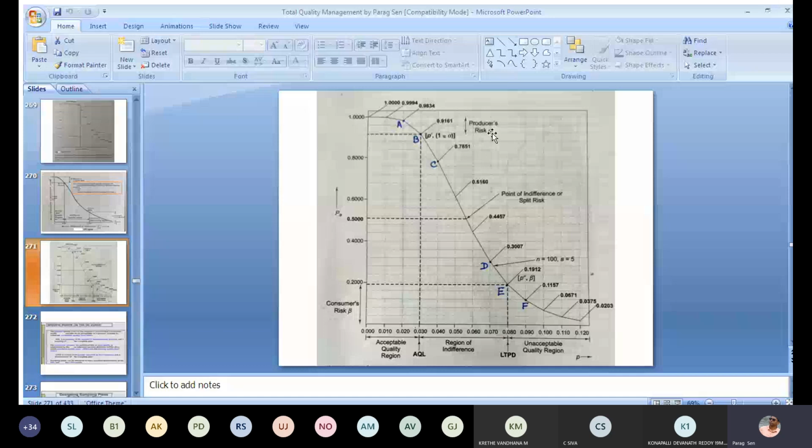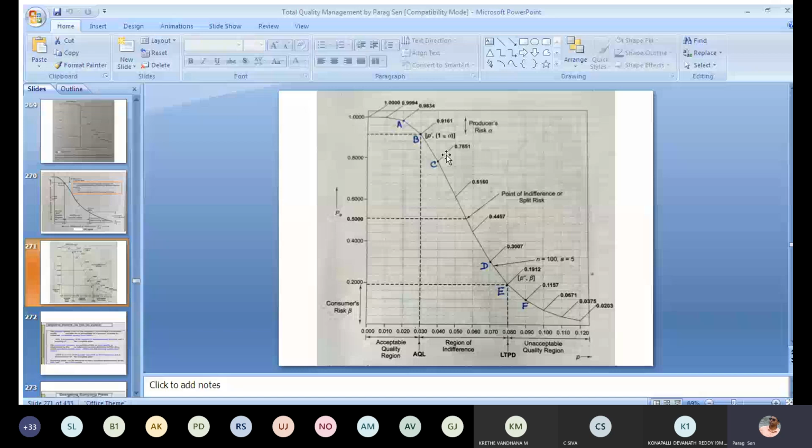You can see here that the producer's risk is determined by, if you consider B from AQL, suppose you consider any probability of acceptance for a particular proportion defective, the probability of the non-acceptance will be termed as the producer's risk. Producer's risk is denoted by alpha.